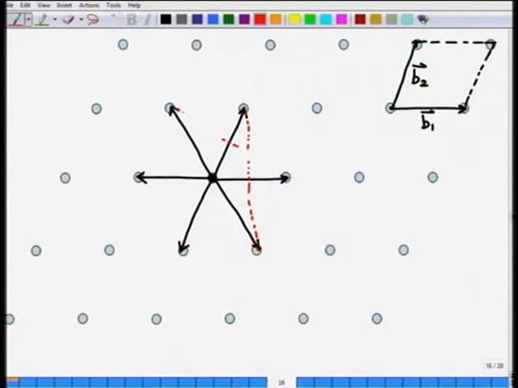For this line vector, I have a perpendicular bisector like this, and so on. And this particular line has a perpendicular bisector which will look something like this. So now what is the smallest area that is enclosed? Let us draw that part. So here is the smallest area which is enclosed in this.